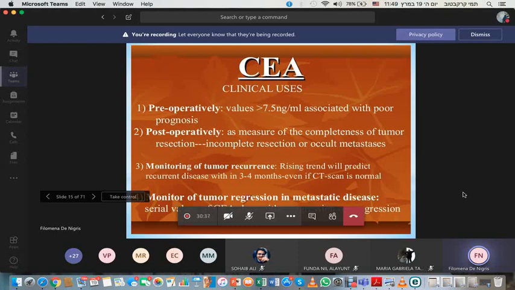We can use this marker after surgery just to monitor the presence of early metastasis, before it is visible with the CT scan or other technology.